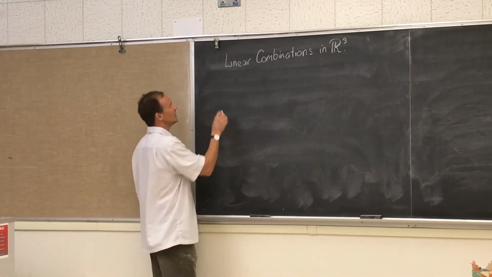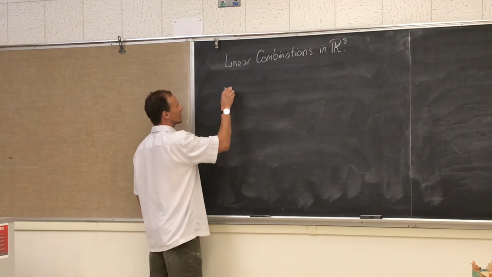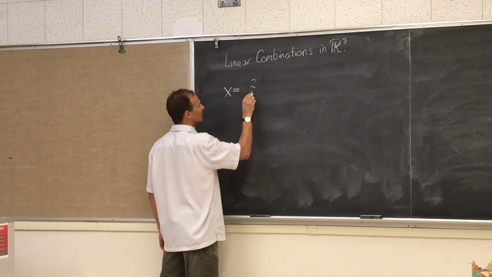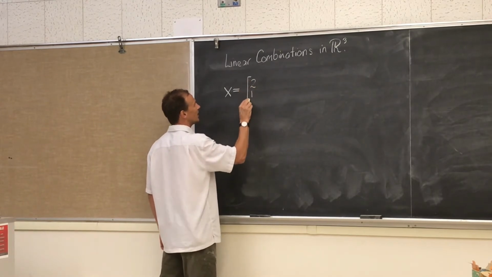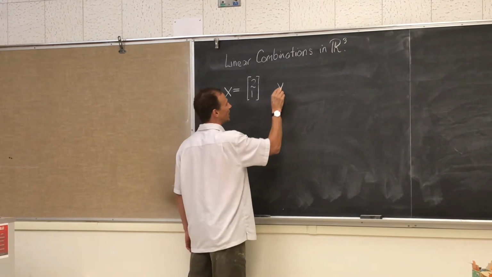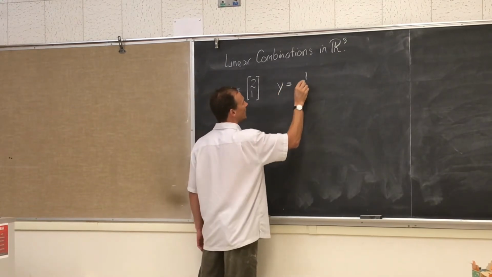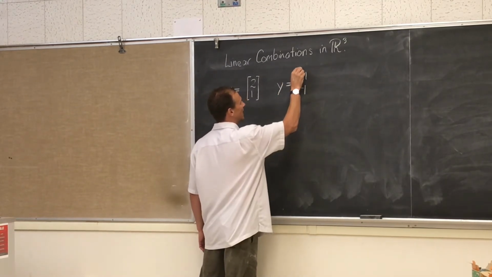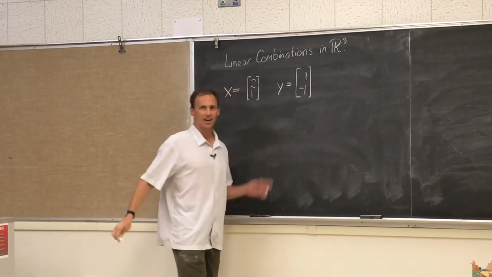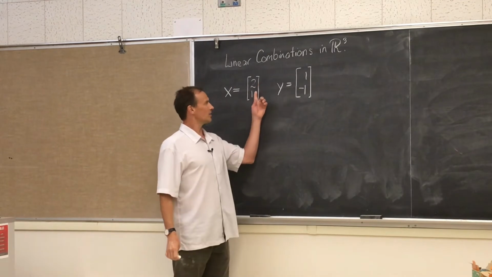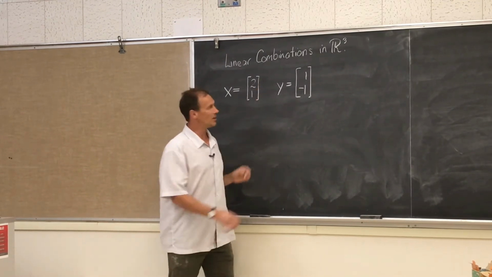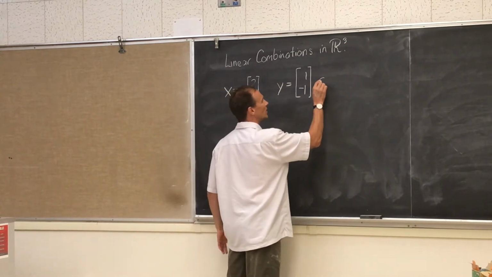In our last videos, we said that the vector x was 2, 1. And we said that the vector y is 1, minus 1. Because x and y both have 2 components, both of these vectors are in R2.